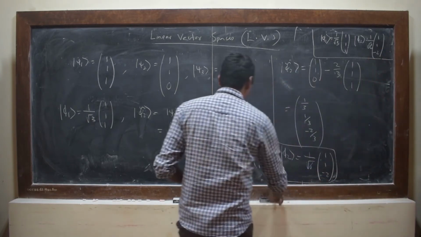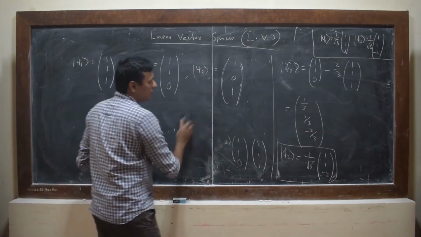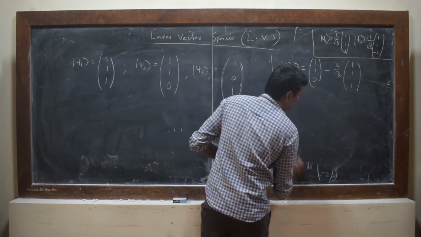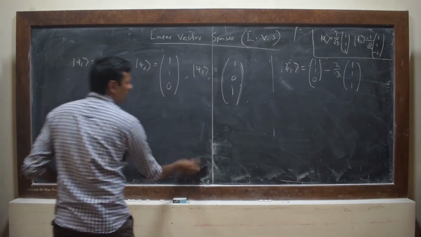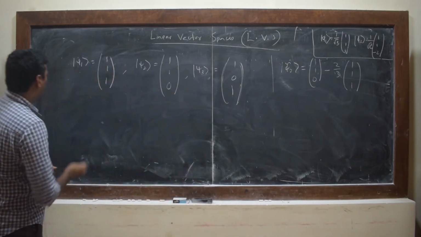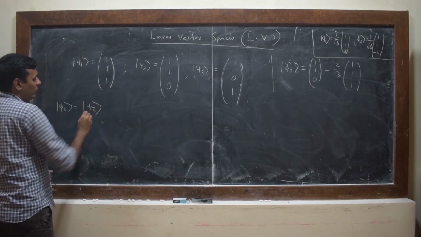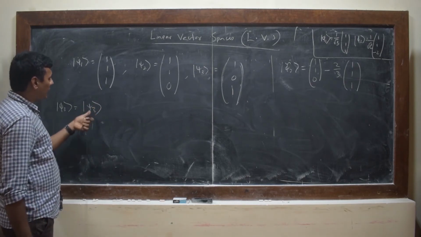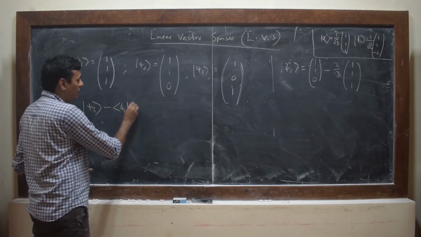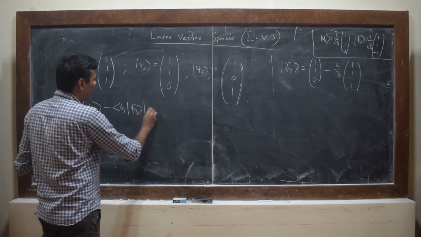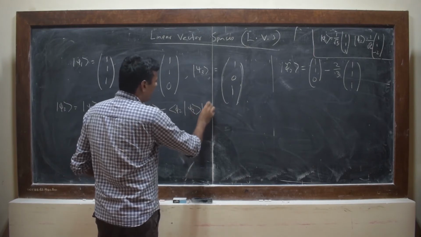Now, I will go for my phi 3. Okay. So phi 3, I told you you have to subtract out the components of psi 3 along phi 1 and phi 2. So phi 3 tilde is psi 3 minus phi 1 <phi 1|psi 3> minus phi 2 <phi 2|psi 3>.